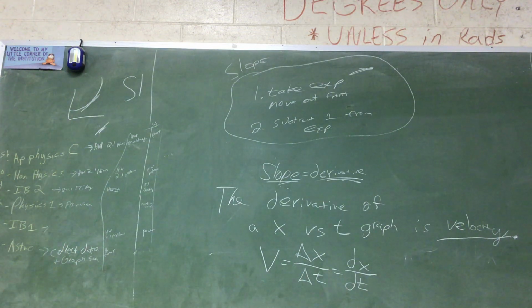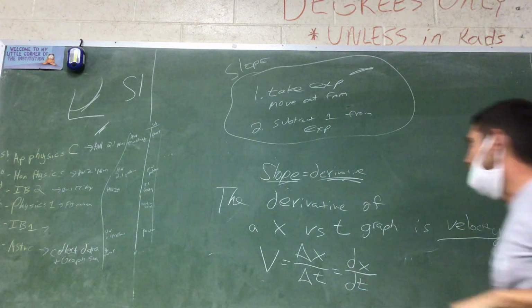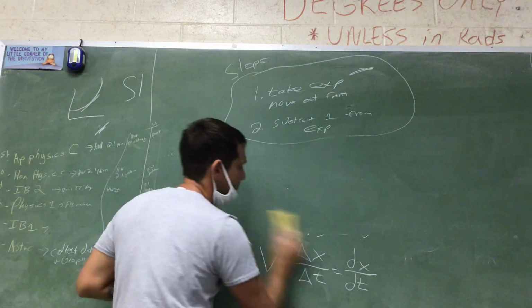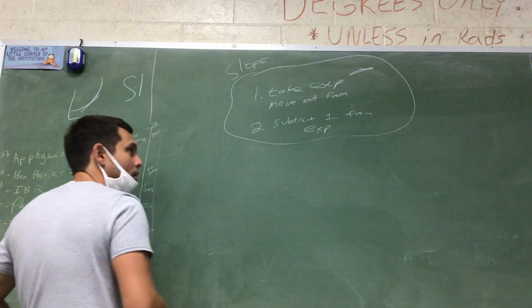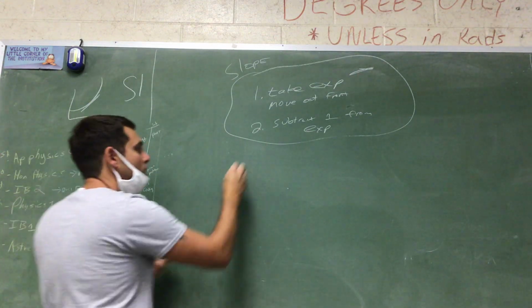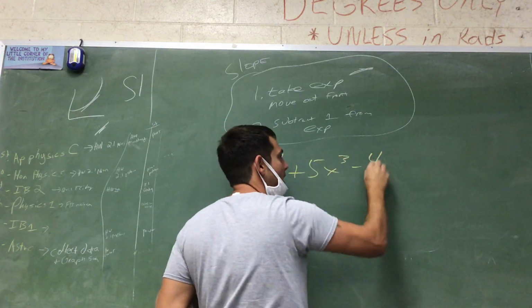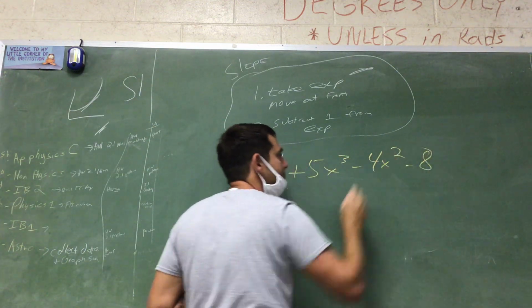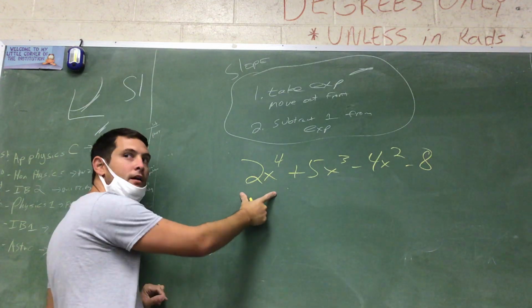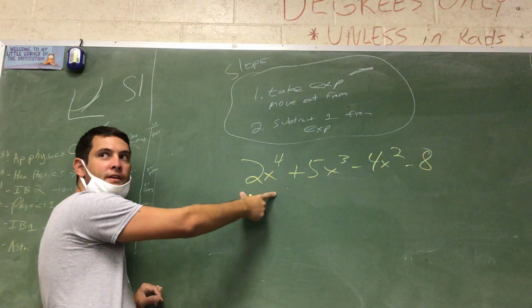Without reading the rest of this, let's work together on taking the derivative of that. Let's say 2x to the fourth plus 5x cubed minus 4x squared minus 8. We're going to start here.